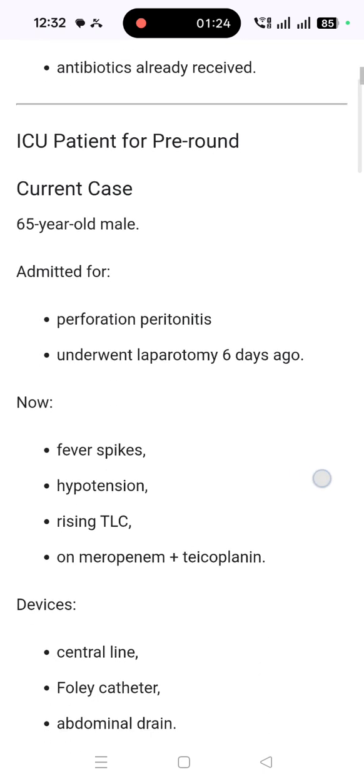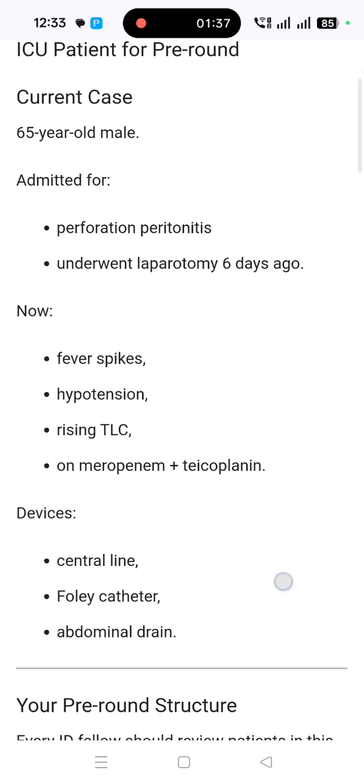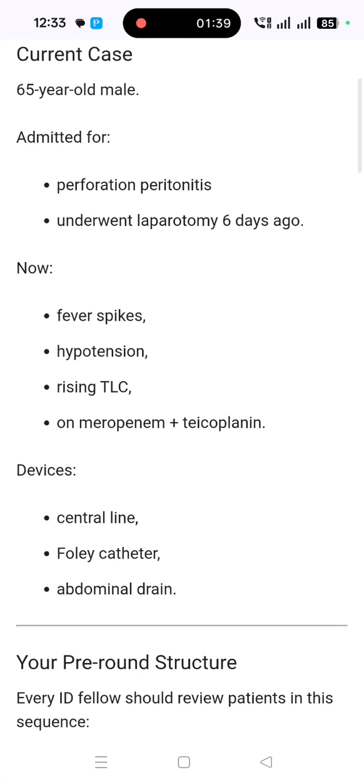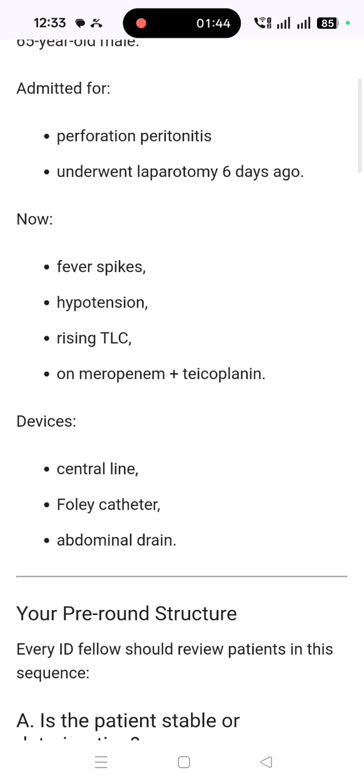So, ICU patient for pre-round. Here is an example case. The current case is a 65-year-old male admitted for perforation peritonitis who underwent laparotomy 6 days ago. Now fever spikes are there, hypotension, rising TLC, on meropenem plus teicoplanin.